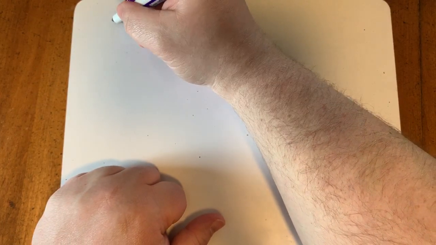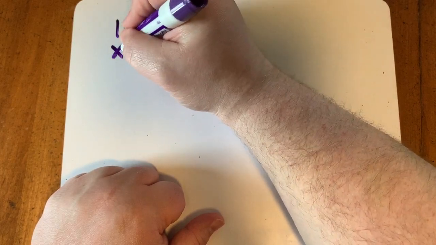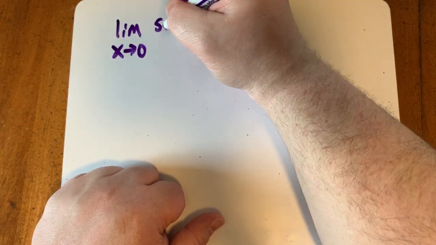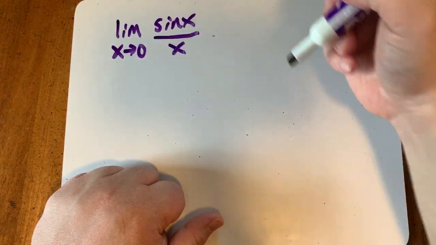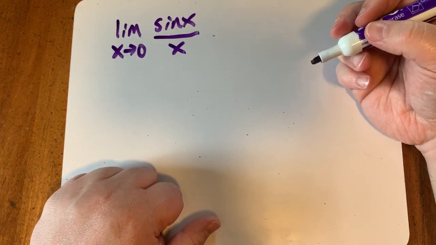But sometimes there's going to be limits where you can find the limit even though you can't plug it in. So let's say we had the limit as x approaches 0 of a manipulation of sine of x, where we did sine of x over x.